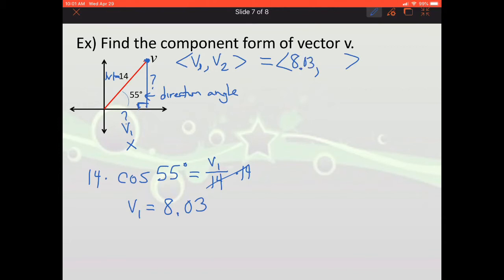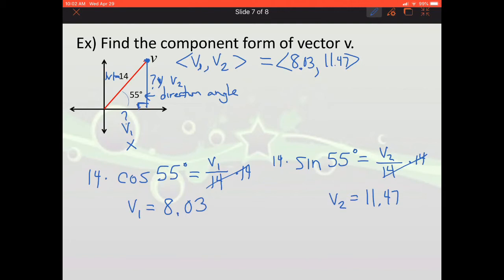And to find the y-coordinate, which is really v2, we would use sine of 55 degrees equals opposite, so v2 over hypotenuse. So again, multiply by the denominator. Make sure your calculator is in degree mode, and v2 would come out to 11.47.